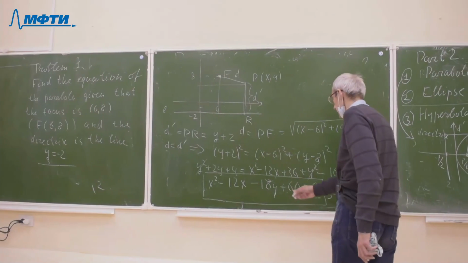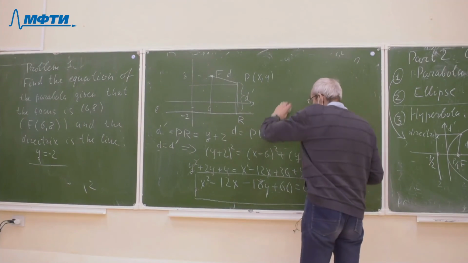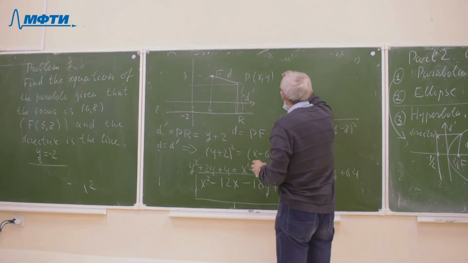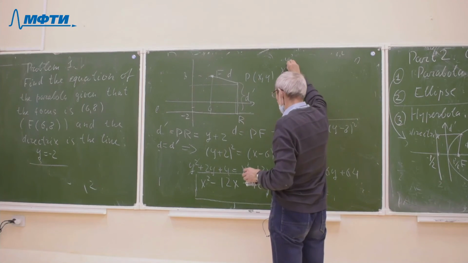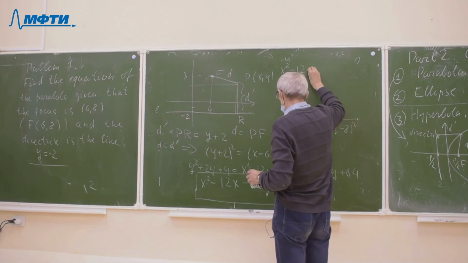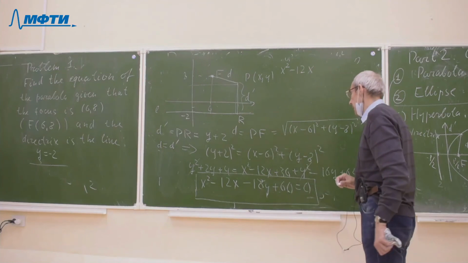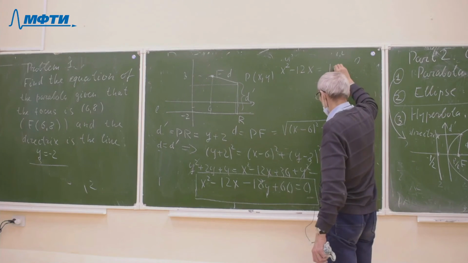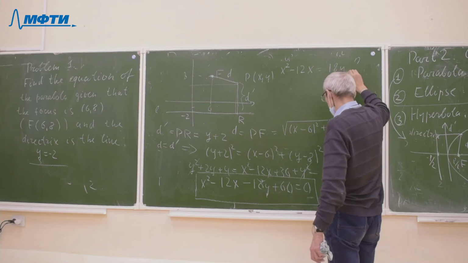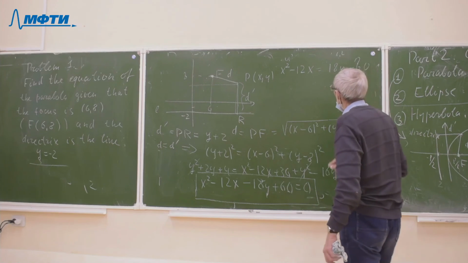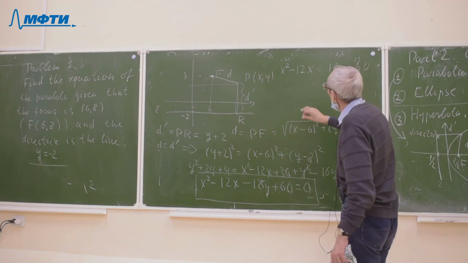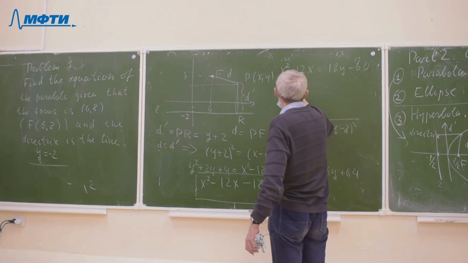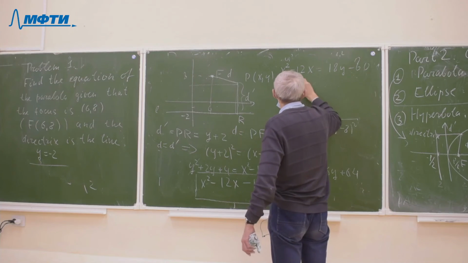We can rewrite this equation in the following form: x square minus 12x is equal 20y minus 96.